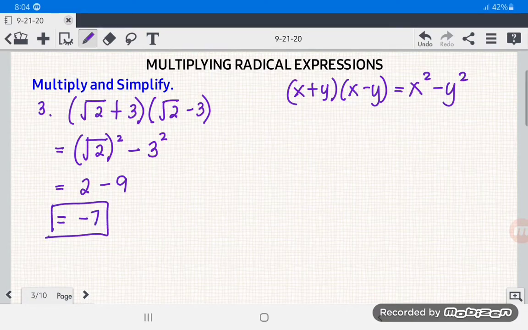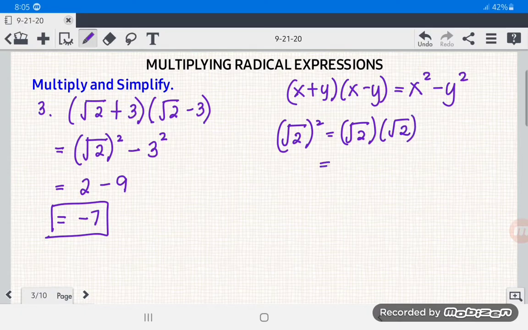Let us put aside, for those who do not know why it becomes 2. If we have square root of 2 squared, this is equal to square root of 2 times square root of 2. So 2 times 2 is 4, and square root of 4 is 2. Or simply, if you square the square root of a number, the answer is the radicand itself.